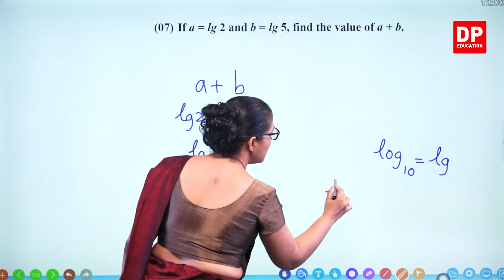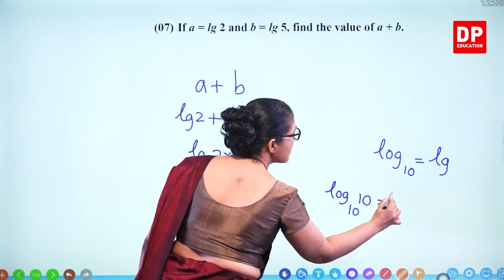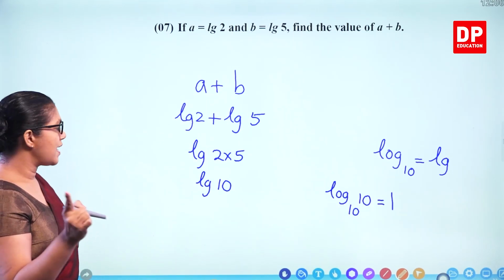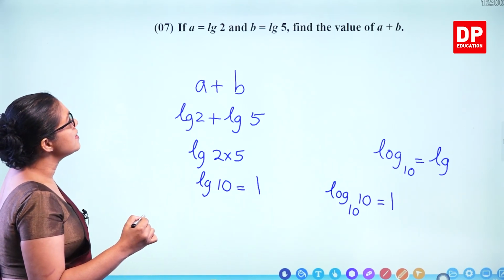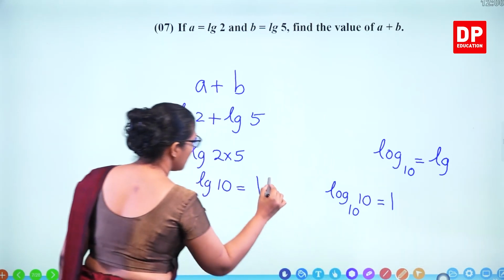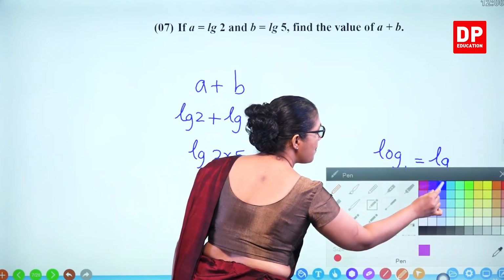Log 10 base 10. That's 1, because 10 to the power 1 is 10. So A plus B is 1. 2 marks. 1 mark for the answer and 1 mark for the method.